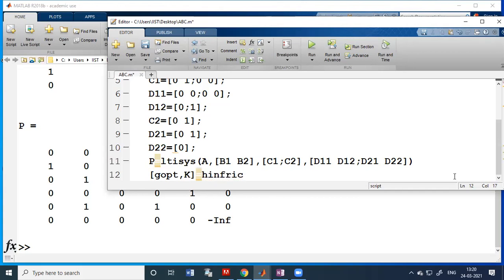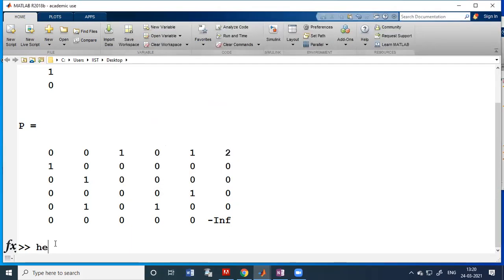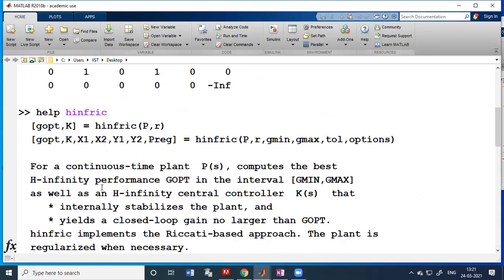Then the input arguments should be our plant. And see why I am writing in this particular way, because each command has its own syntax. For example, help space hinfric. See, this is the syntax usage. gopt, this square bracket corresponds to the output arguments.